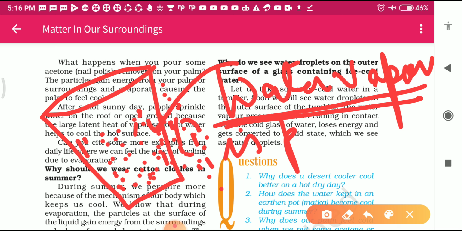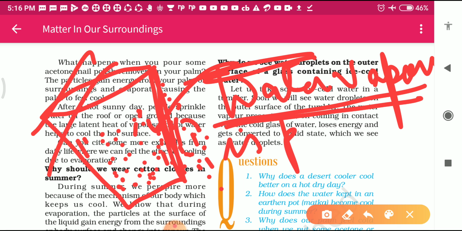Here the condensation process is taking place. When the water vapor comes in contact with this cold tumbler, it is converted into droplets of water. This activity also proves that lots of water vapor is present in our atmosphere.